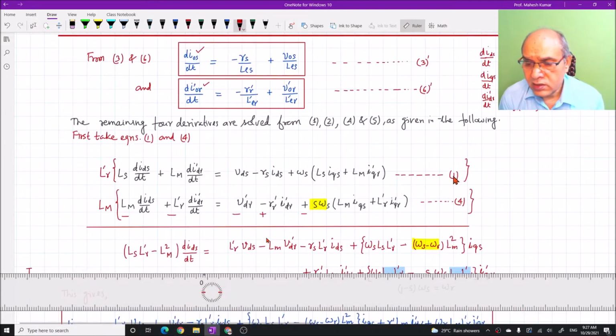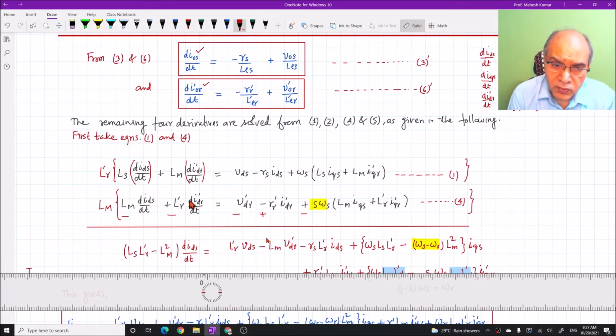This is equation number 1, this is equation number 4. We have to solve for these variables. To solve them, we have to eliminate one term and then the next term. To eliminate this term, I have to multiply this whole equation by Lr dash, and this equation has to be multiplied by Lm. So I put it here: this is Lr dash and this is Lm. When we do so and subtract the equations, this term will go away.